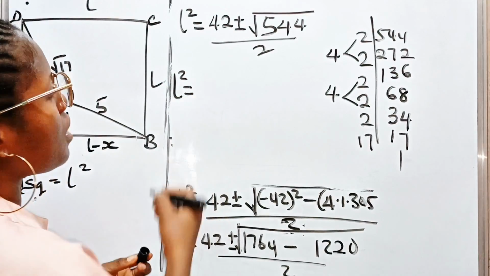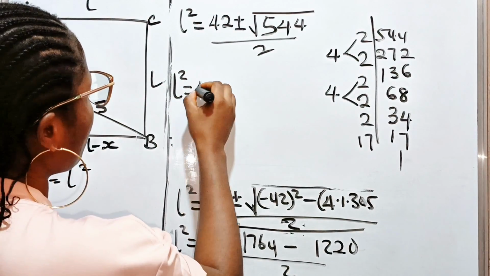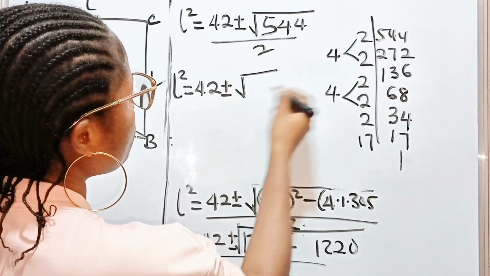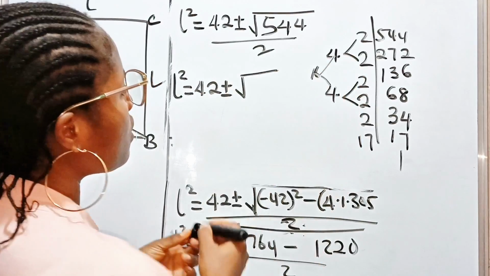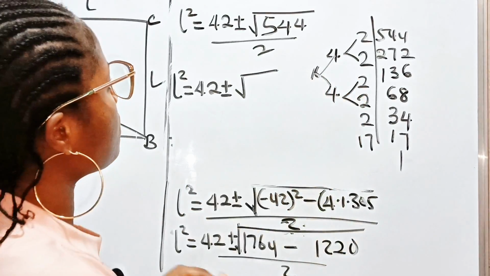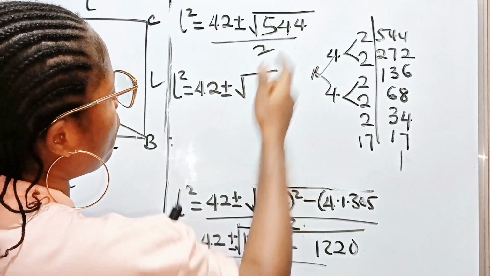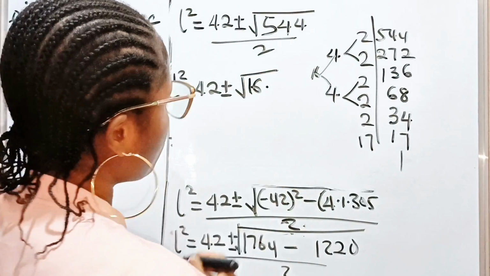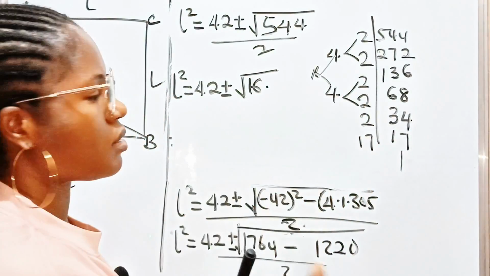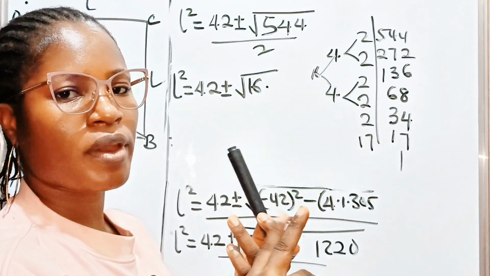Therefore, we can write this as L squared is equal to 42 plus or minus the square root of 4 times 4 is 16. So this way we have gotten a perfect square. So it means that 544 is the same thing as 16 multiplied by 2 times 17, the remaining numbers that don't have any number to pair them with.